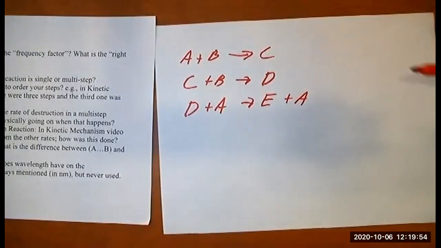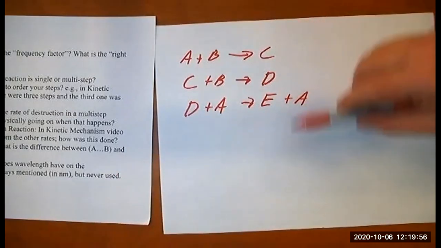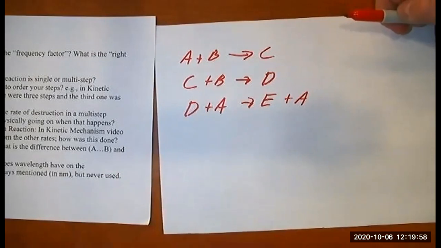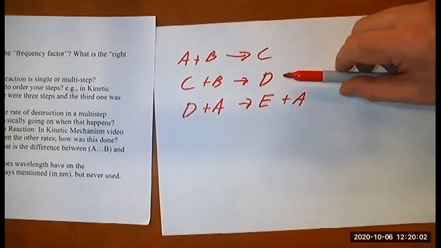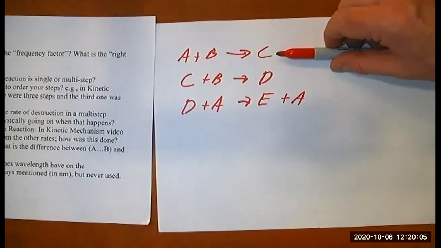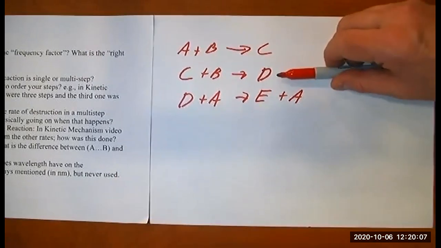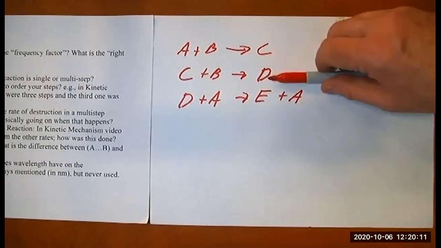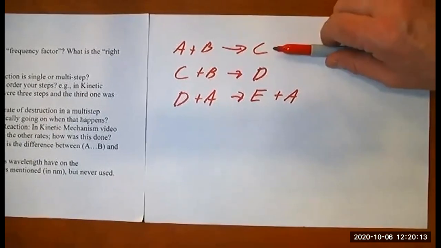Now, all of these things are happening simultaneously. There is no order to it. Now, it is true that C here is an intermediate that gets used up in making D, and so you can't really have this step happen before this step happens.